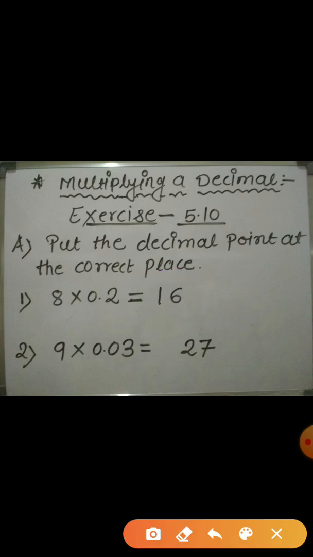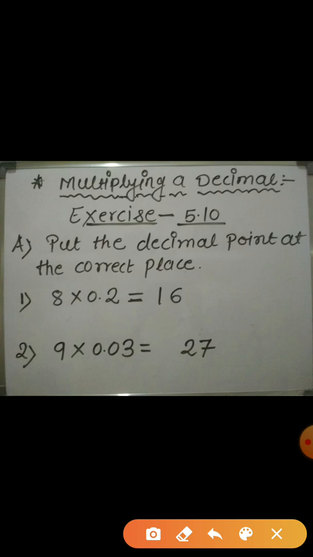Now, let us count the decimal places given in the decimal number. Now, this decimal number have one decimal place, right? It means product will also have one decimal place. So, the point will come here and your product will be 1.6.